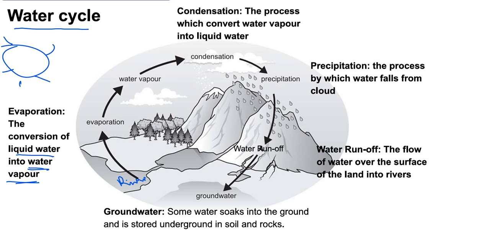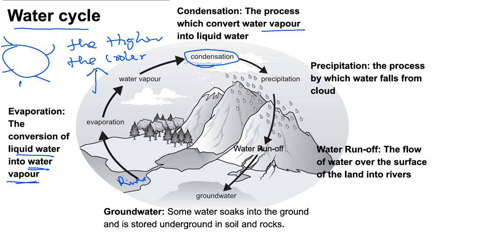So the water vapor will now move into the atmosphere, and the higher you go, the cooler. So as you go high, this water vapor will cool and condense. So condensation is when the water vapor turns back into liquid water. That's condensation, the process which converts water vapor into liquid water.